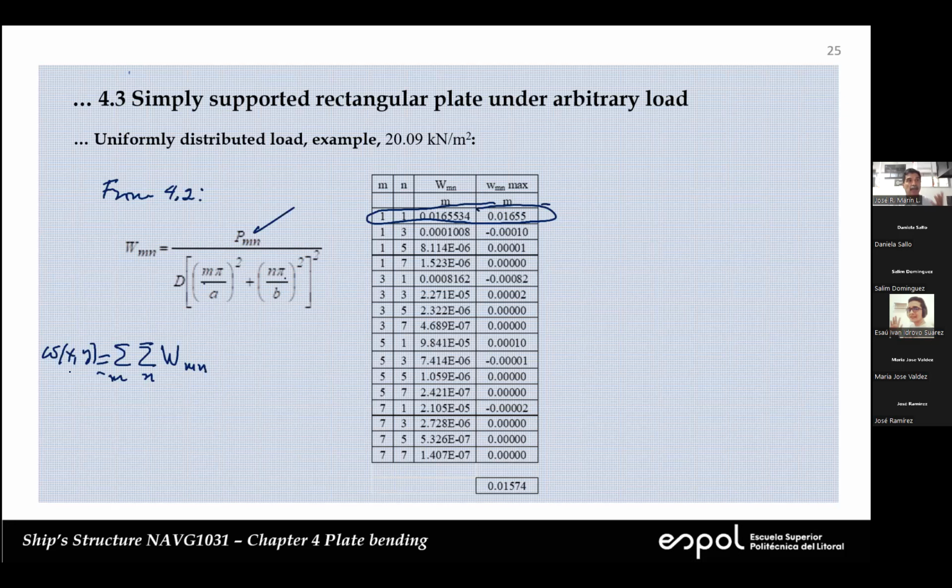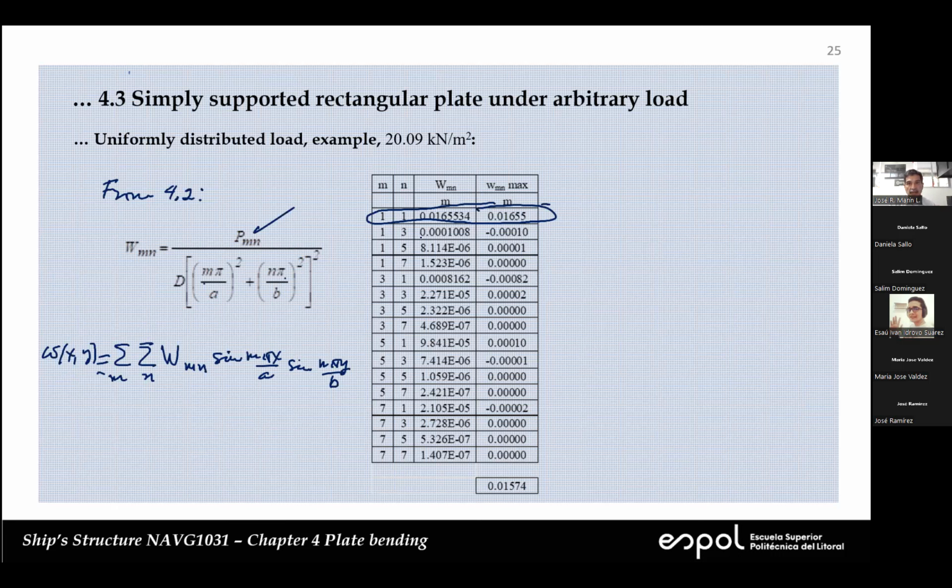Get confused. Something similar was the deflection and the shear force. Help so you avoid confusions. Here we go: sine m pi x over a, sine m pi y over b.